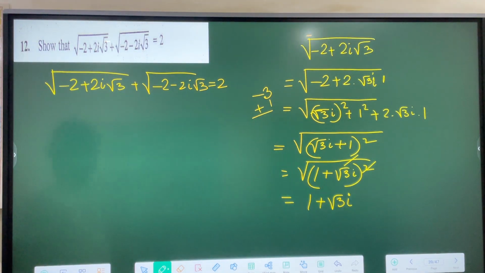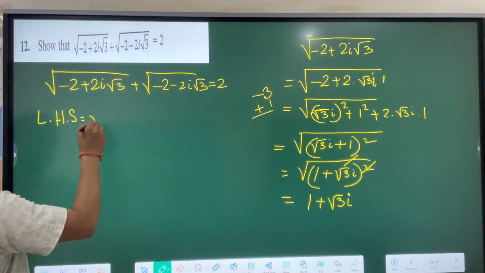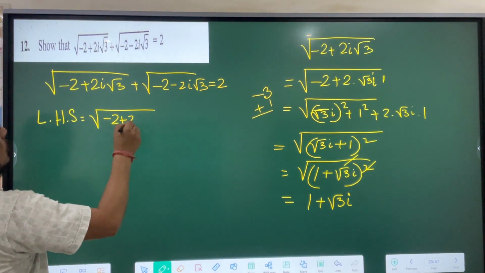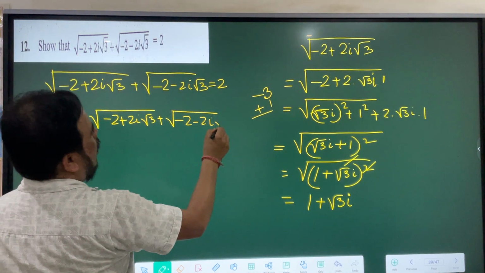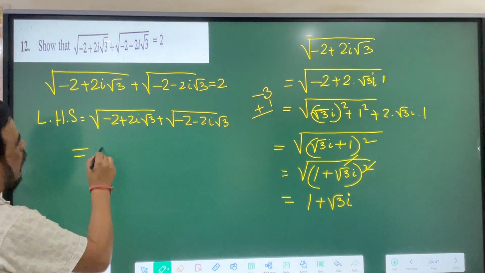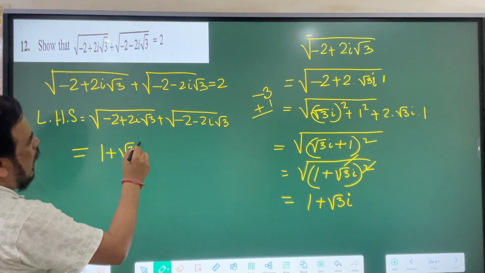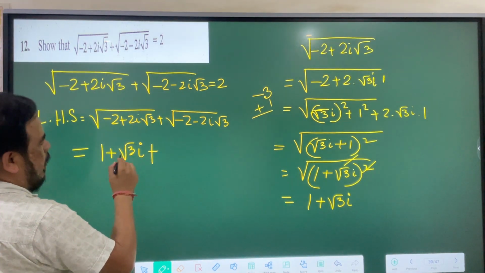Okay, now the left hand side. Minus 2 plus 2i root 3 minus 2i root 3. This one we have done already. 1 plus root 3i. Here plus 2, so plus root 3i.